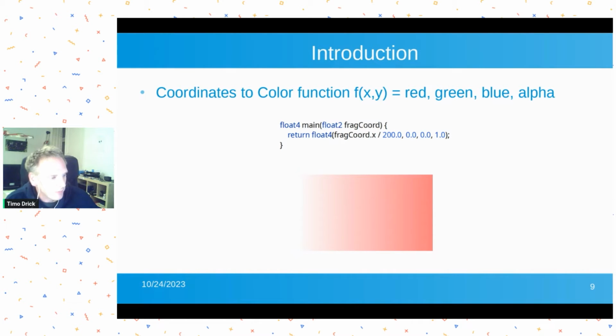So in this case, the pixels on the left do have a fragCoord.x value of 0, and on the right it would be 200, and when I divide it by 200, I get exactly 1. So here you can see how I can implement a gradient with a custom pixel shader.